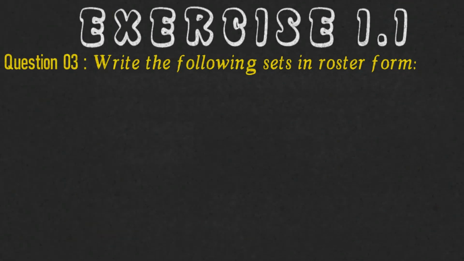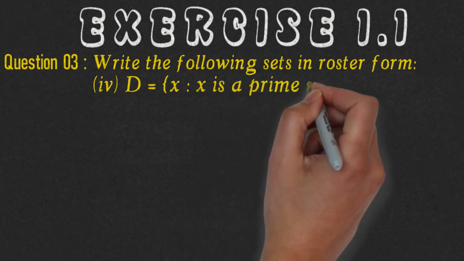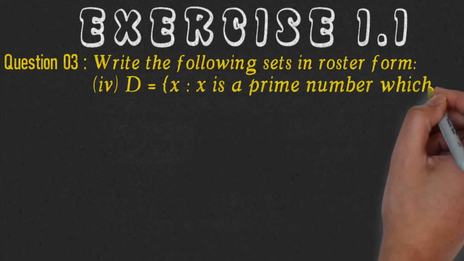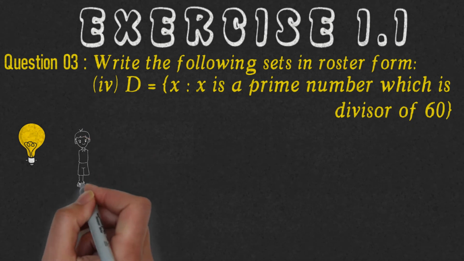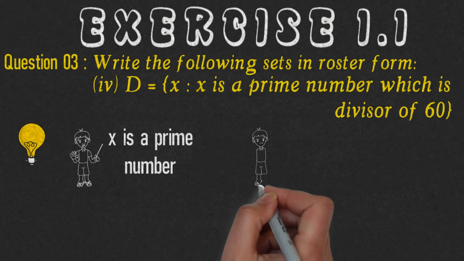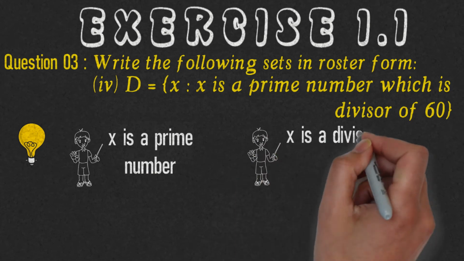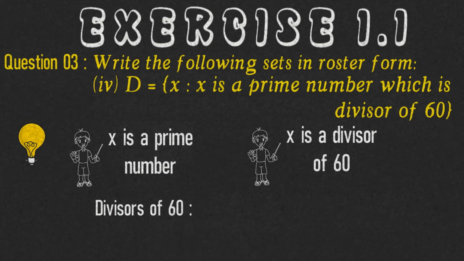Next is section 4 of question 3. D is equal to set of x such that x is a prime number, which is a divisor of 60. Solution. Here, there are two conditions mentioned in the given set. The first condition is x is a prime number, and the second condition is x is a divisor of 60. Let us first write the divisors of 60.